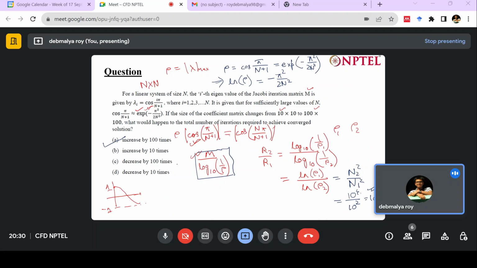This is my k, the number of iterations. What I am basically doing is k2 by k1. If I get 100, then definitely my k2 will be 100 times k1.